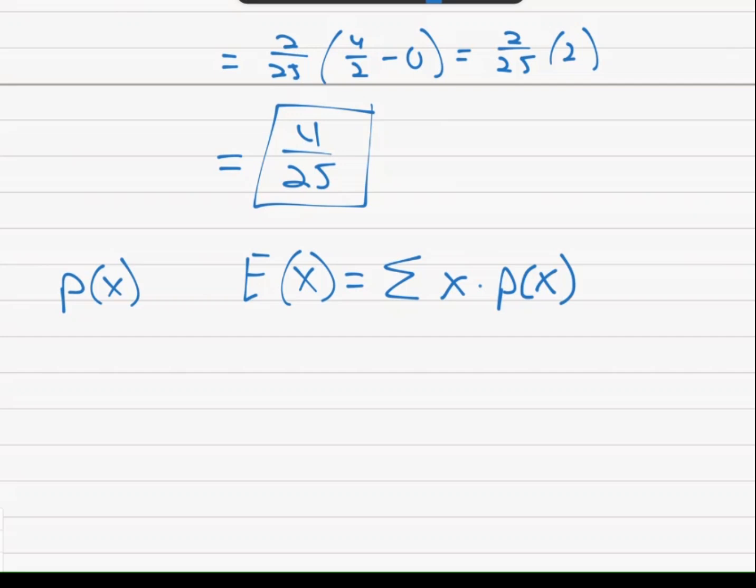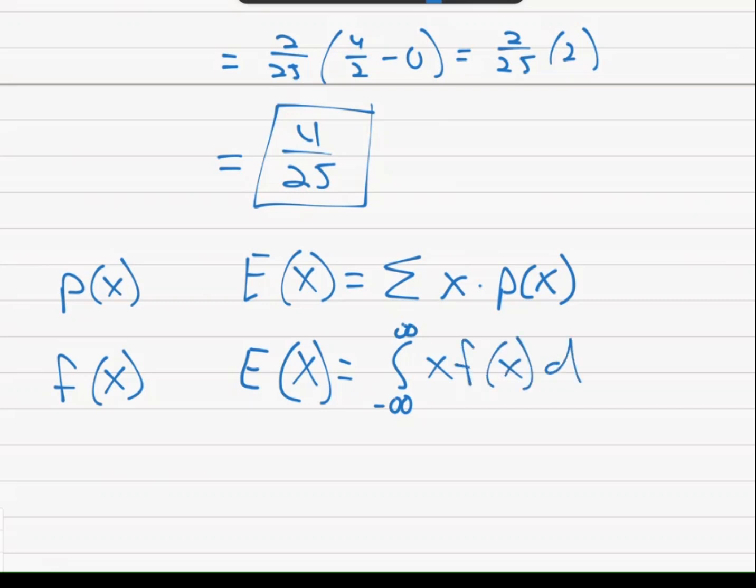Well, for a continuous function f of x, the expected value of this continuous random variable x is going to be the integral across all real numbers of x times f of x dx.